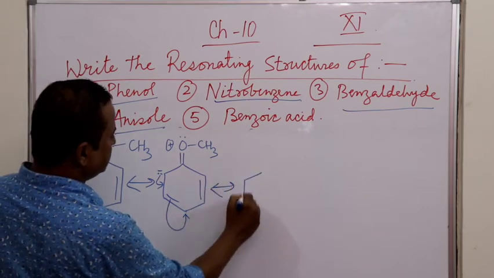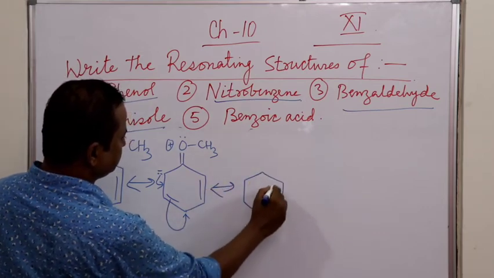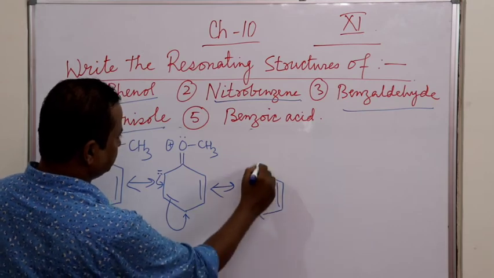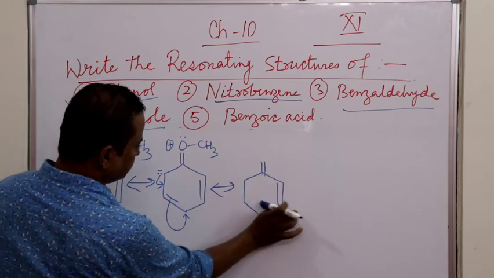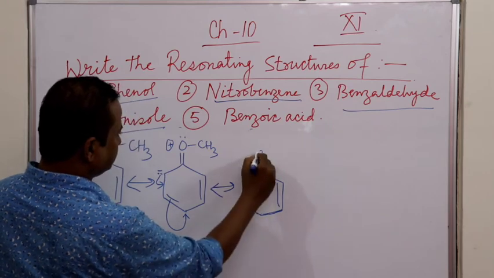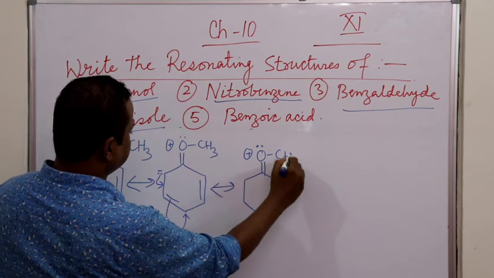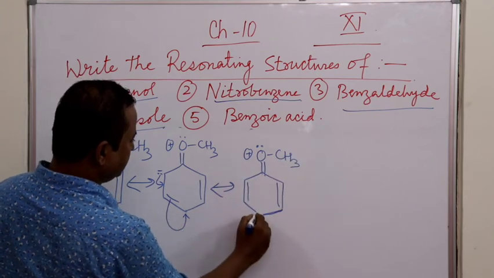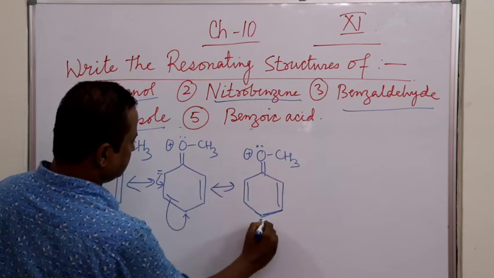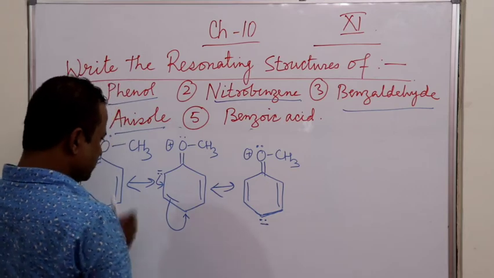So we will have the next structure. Double bond here, and so next what will happen?